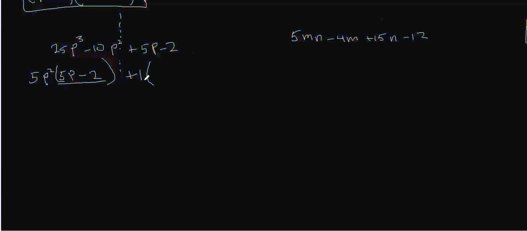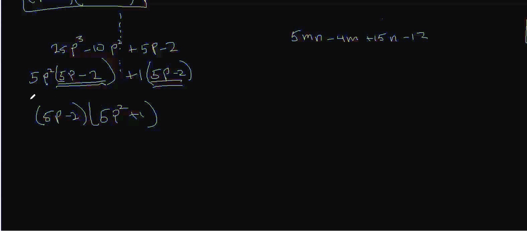So we write 5p minus 2, and as you can see, we have our common factors. Take that one out, or factor it out rather. 5p minus 2 multiplied by 5p squared plus 1. This is a 5, by the way.